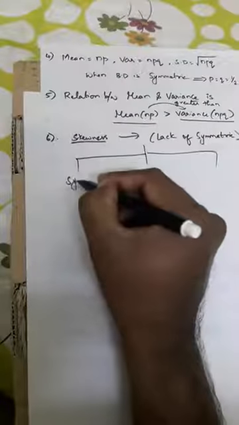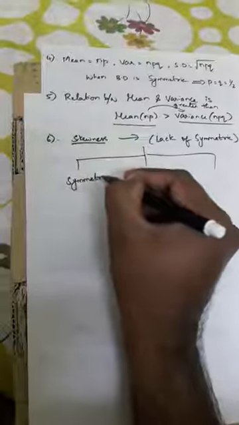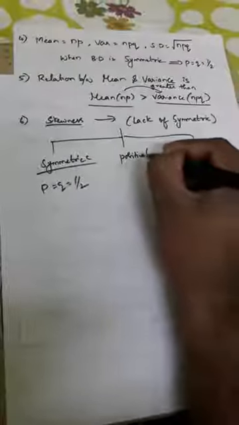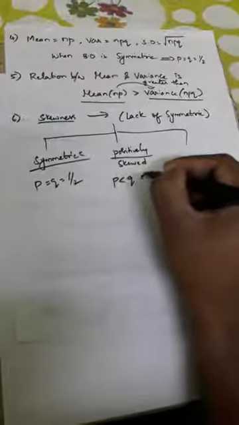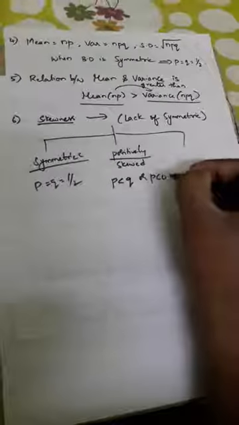First one, the distribution must be symmetric. That means p and q are half, equal chance, or positively skewed. Positively skewed means p is less than q or p less than 0.5.